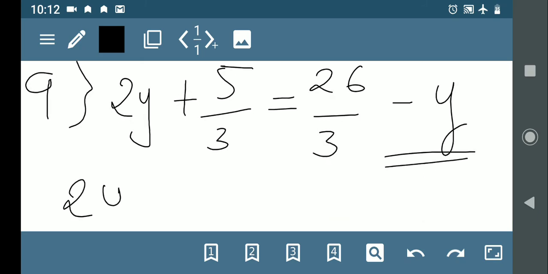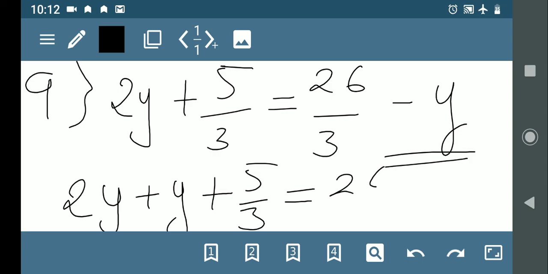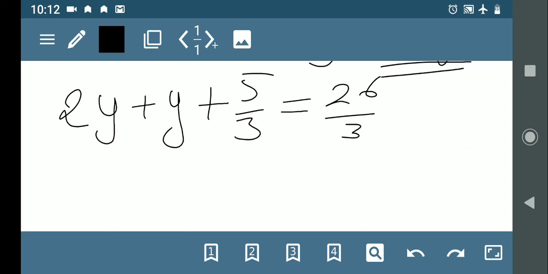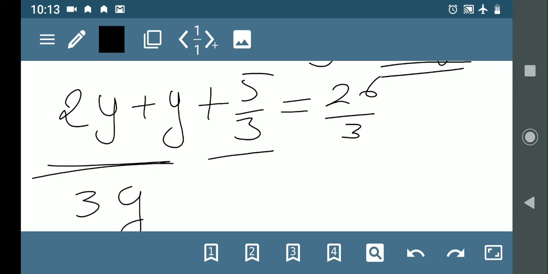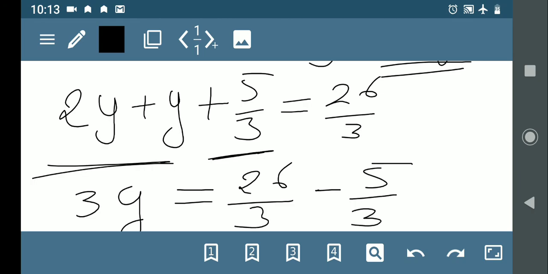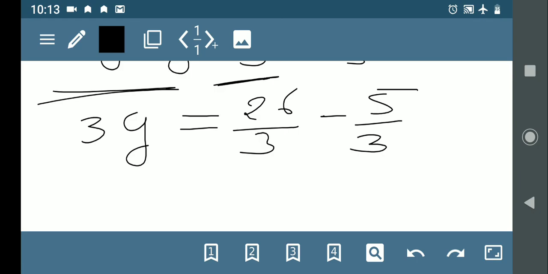So we'll have 2y plus y plus 5 by 3 is equal to 26 by 3. 2y plus y is 3y. Okay, now send this plus 5 by 3 to the RHS. You have 26 by 3 minus 5 by 3. 3y is equal to 26 by 3 minus 5 by 3.